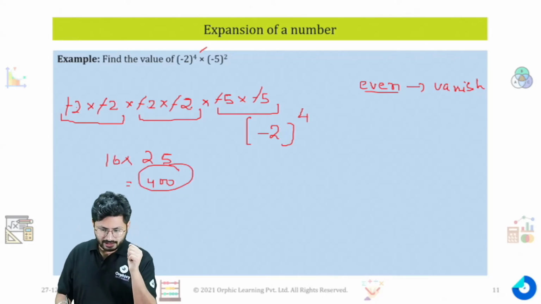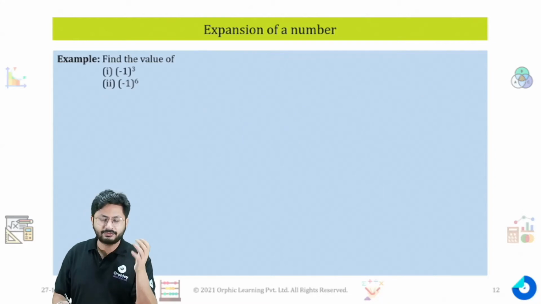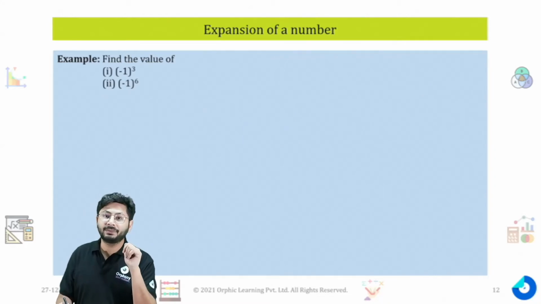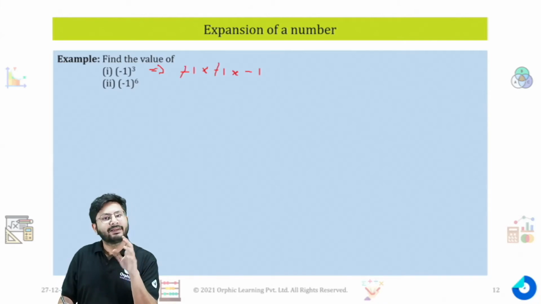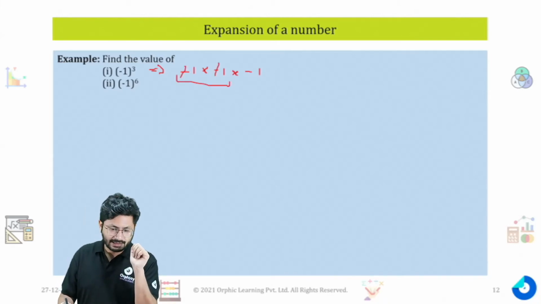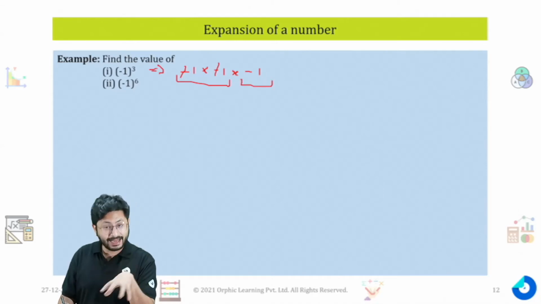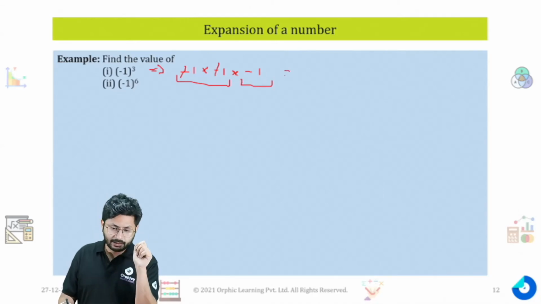Okay, let's move on to the next example. Now find out the value of -1 to the power 3. Again we are going to talk about the same thing. So basically -1 into -1 into -1. Because of the first two negative signs, it will become positive, but still we have one negative left. So it will be equal to 1 with a negative sign.